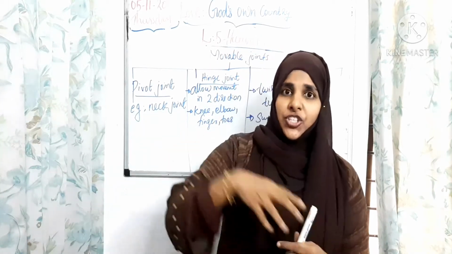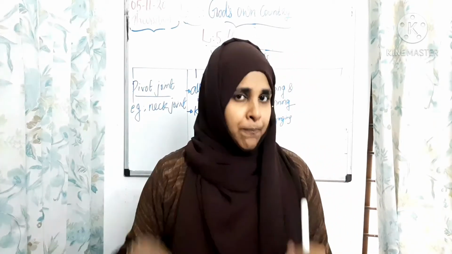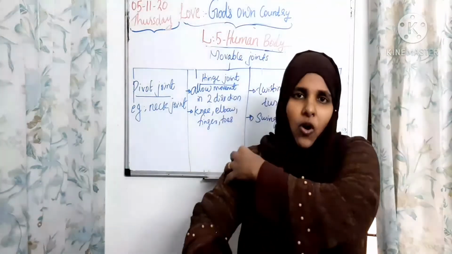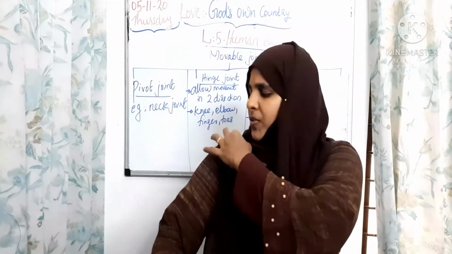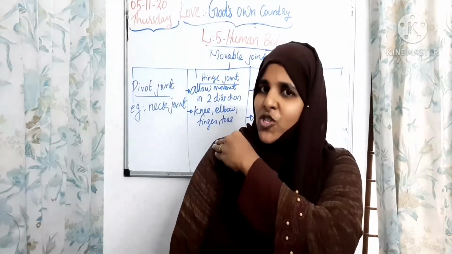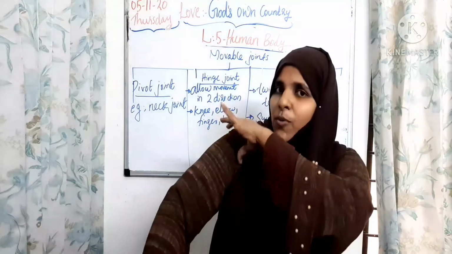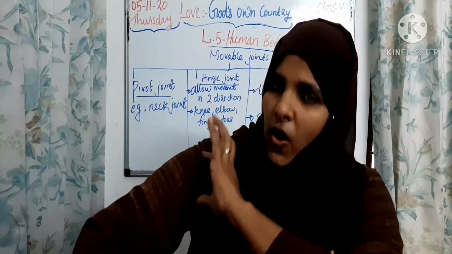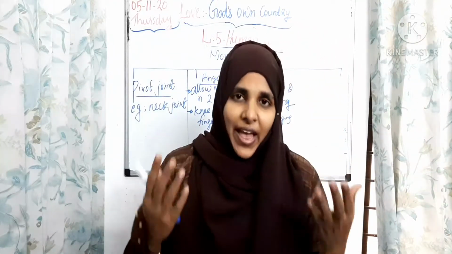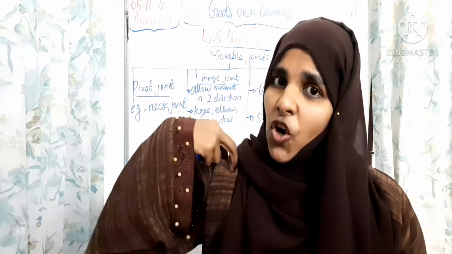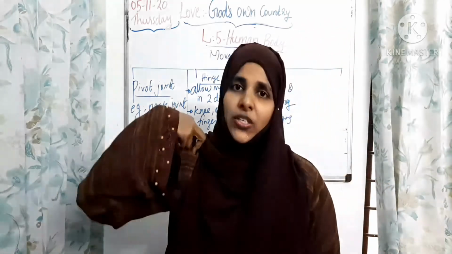Then we can see another joint in our hip and shoulder. We call them the shoulder joint and hip joint. In the shoulder joint, a ball-like bone is fixed to the socket of another bone. That's why we call it the ball and socket joint.